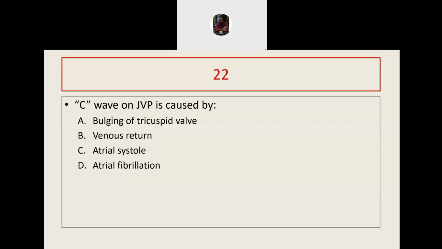C wave on jugular venous pulse is caused by. Next question.